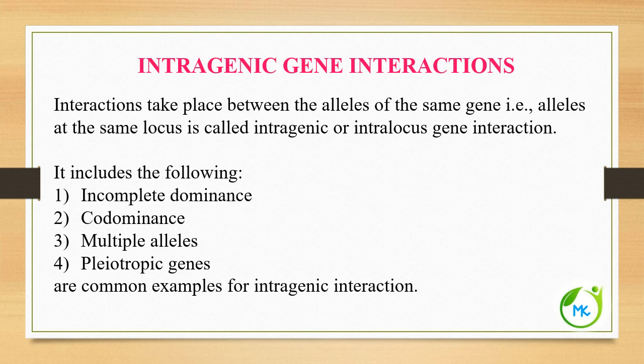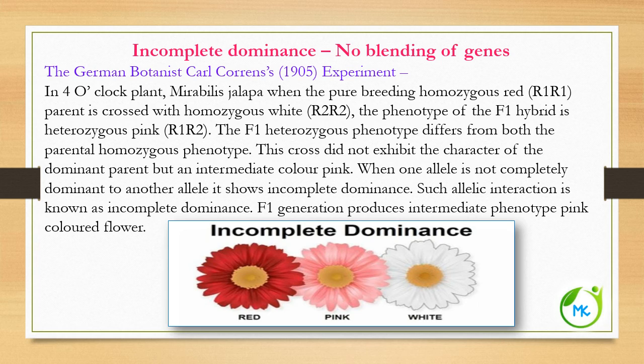Under this you have different types: incomplete dominance, codominance, multiple alleles, and pleiotropic genes are the common examples of intragenic interaction. First we are going to see incomplete dominance.